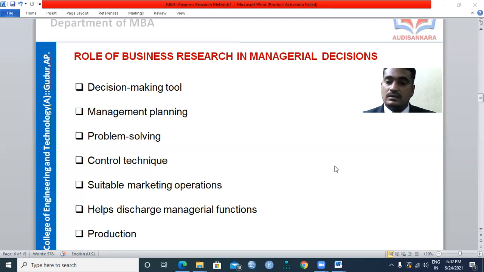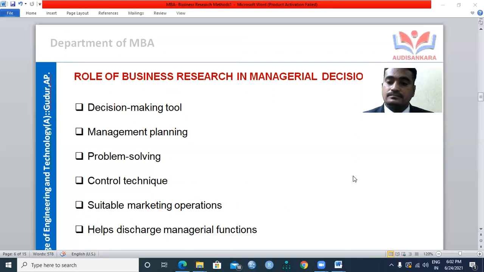That's the reason why business research, specifically with respect to the external environment in marketing, is more helpful for estimating the customer requirements and customer understandings.